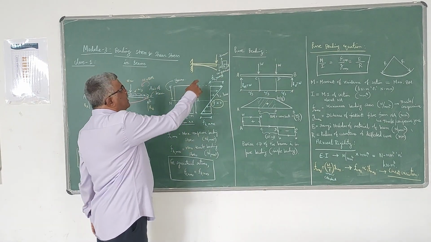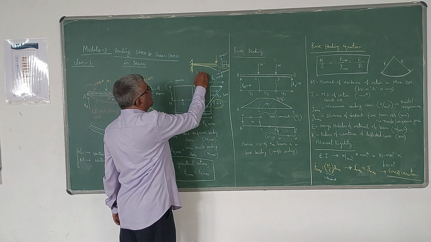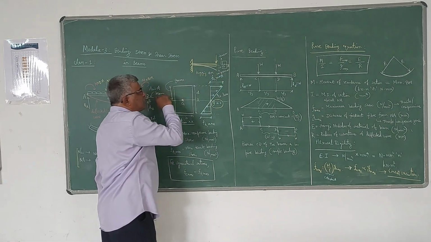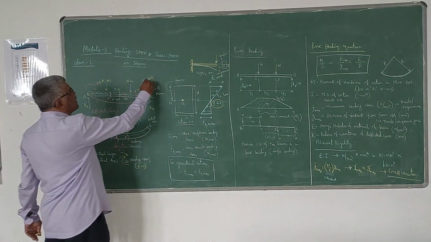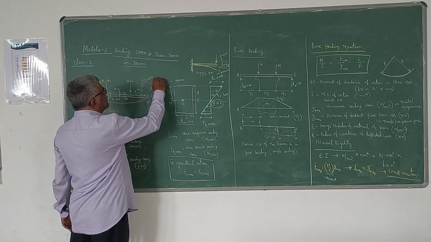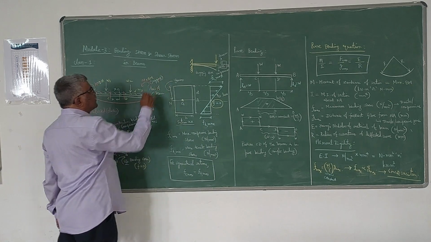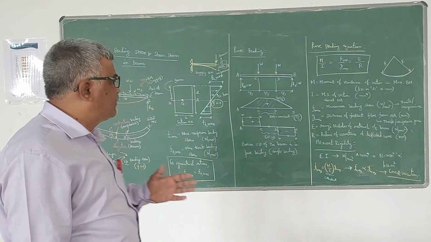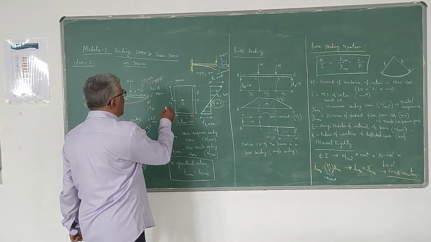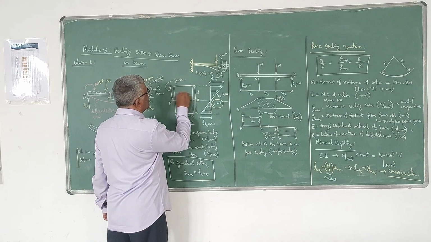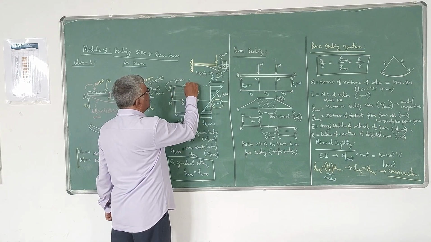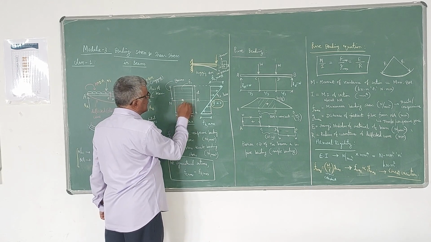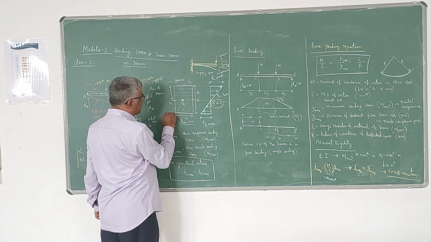So in the case of a cantilever beam, it is subjected to hogging bending moment, whereas in the case of a simply supported beam, it is subjected to sagging bending moment. Only the nature will be different. In other words, in the case of a simply supported beam, the layers above the neutral axis are subjected to compressive bending stress, that is Fc, whereas below the neutral axis, it is subjected to tensile bending stress.